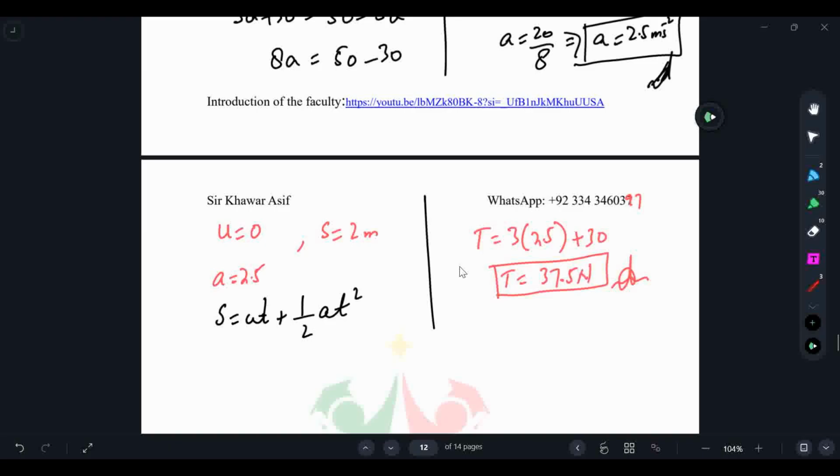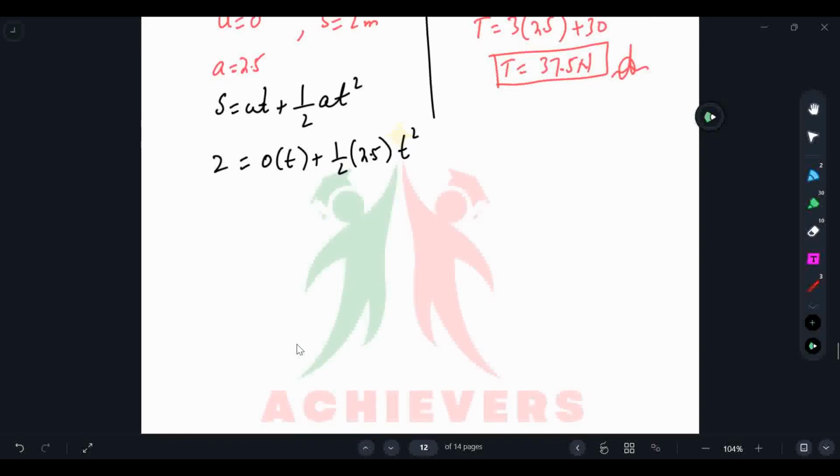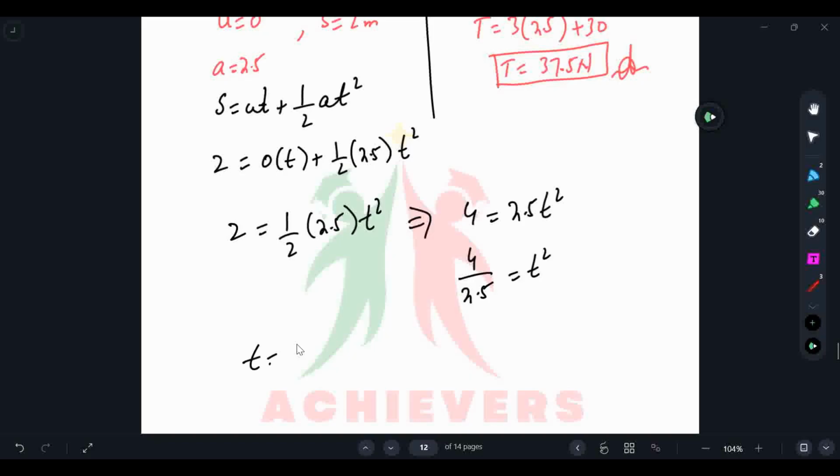We know the distance, it's 2, the initial velocity is 0, plus half into 2.5 into t squared. So 2 is equal to 1 by 2 into 2.5 into t squared, and if we rearrange it, 4 is equal to 2.5 t squared. So 4 divided by 2.5 is equal to t squared.